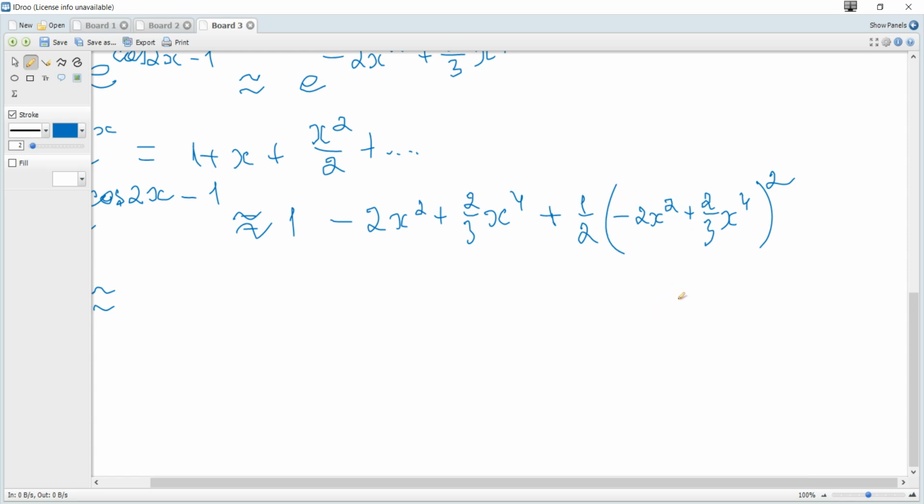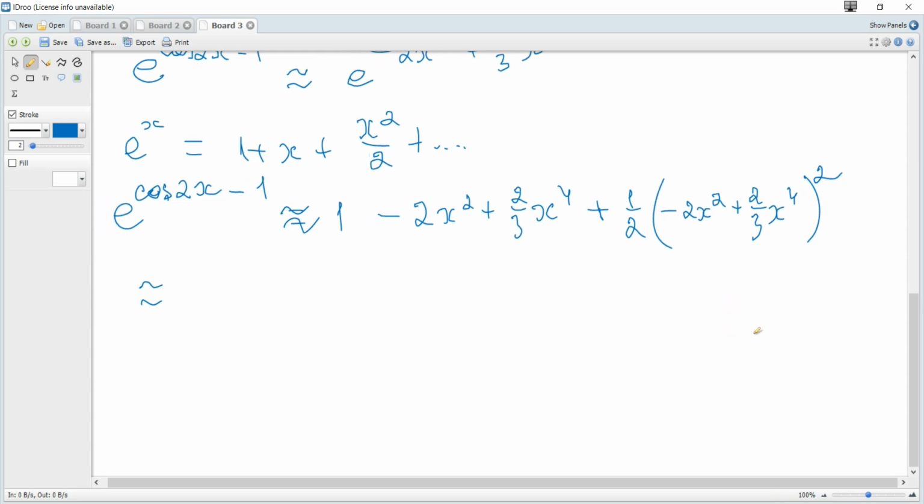For other products you will get powers of x greater than 4, and we don't need powers of x which are greater than 4.